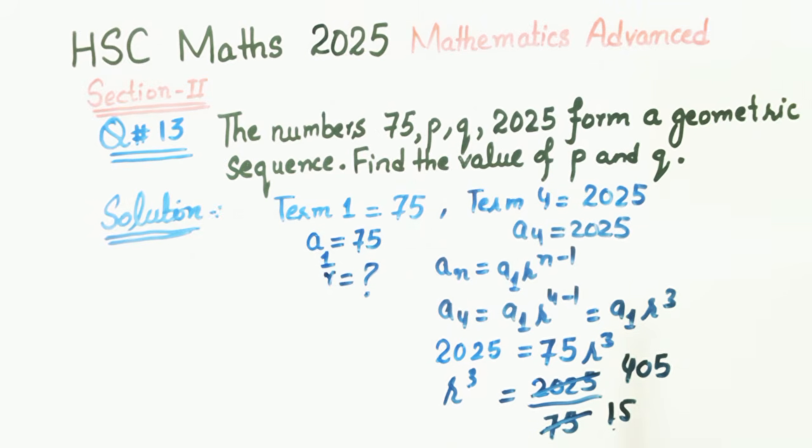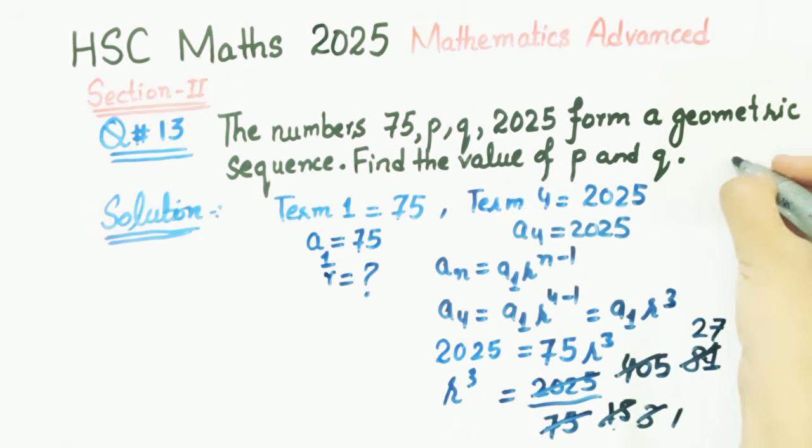So you got 405 when multiplied gives 2025. Again 5 3 times 15, 5 8 times 40, and then 5 1 time 5 means 81. Then 3 1 time 3, 3 2 times 6, and then 2 is remaining: 27. So we get the value of R cubed equals 27.